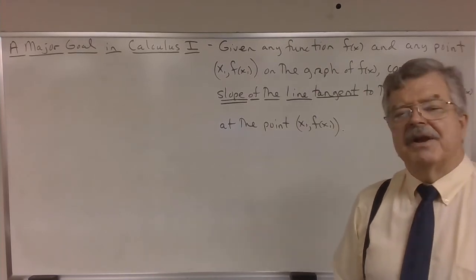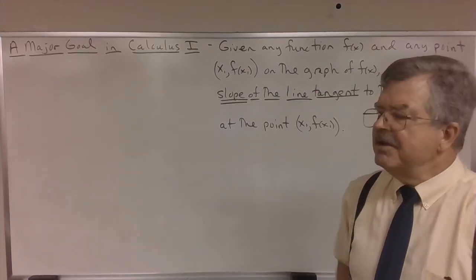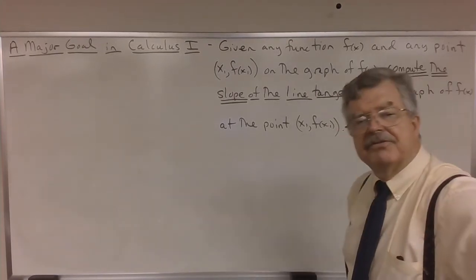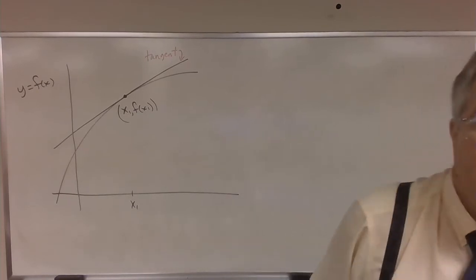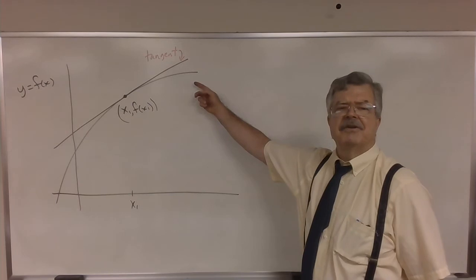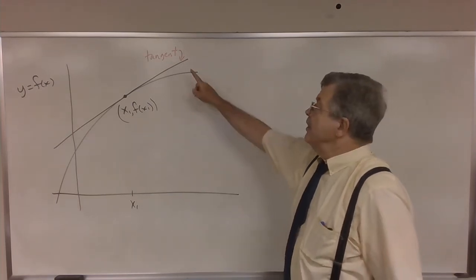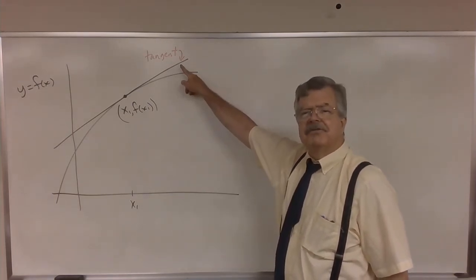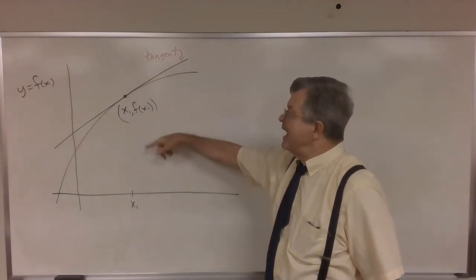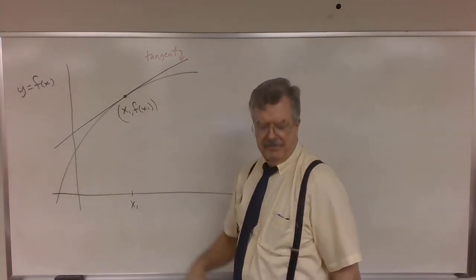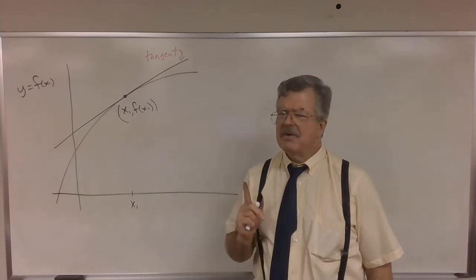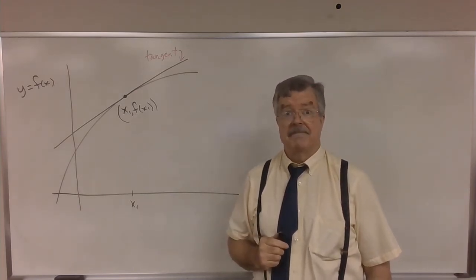Now, the first thing we're going to do is just try a few things to figure out how we can accomplish this goal. Okay, here's our function, y equals f of x, and here's the graph of the function. We want to be able to compute the slope of this line, the tangent line to the graph, at the point x of 1, f of x of 1. Now think about it. How do we compute the slope of a line?